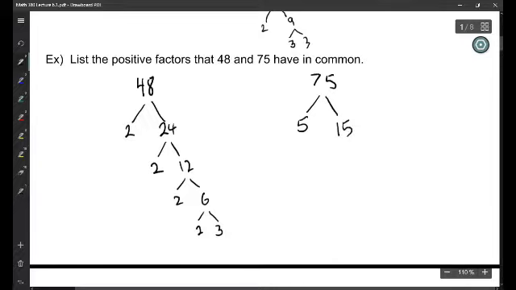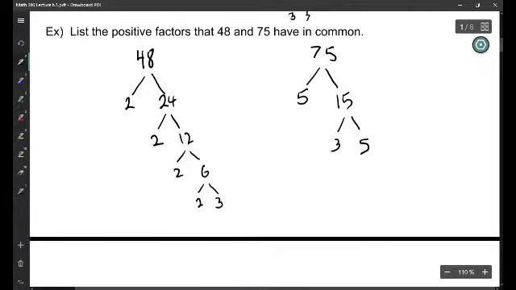And 15 is the product of 3 and 5. So we get 5, 3, and 5.